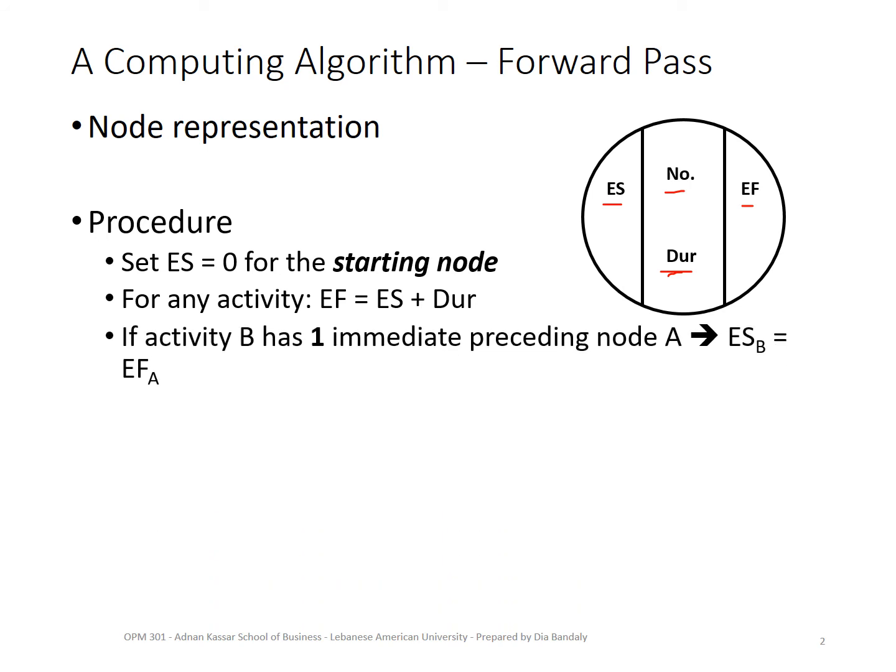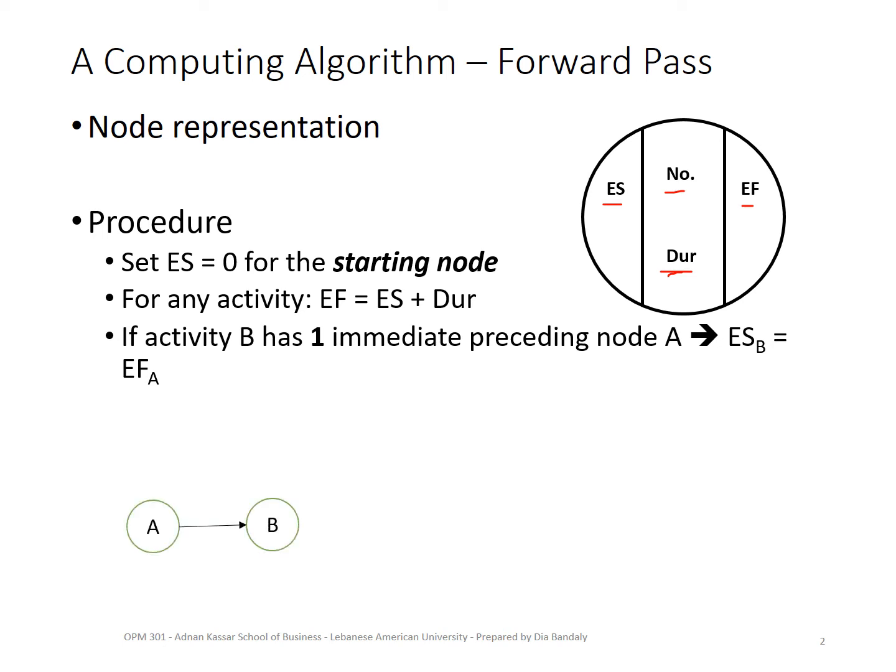Now, when we are moving from one activity to another activity, if an activity B has only one immediate preceding node, that means the early start of activity B will be the early finish of A. Look at this.